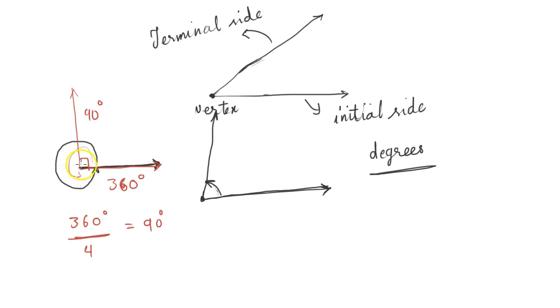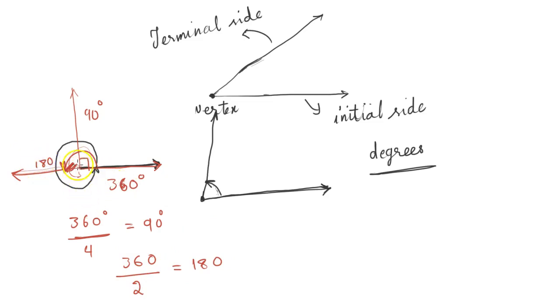Then if you go 2/4 of the way, or half of the way, you will end up over here, which is this angle. That would be 360 degrees divided by 2, so it's 180 degrees. So this angle is 180.